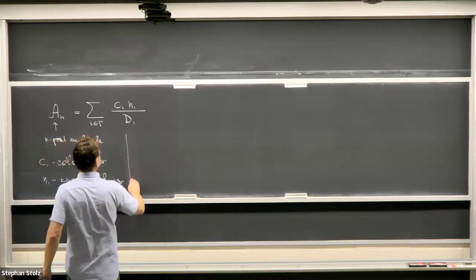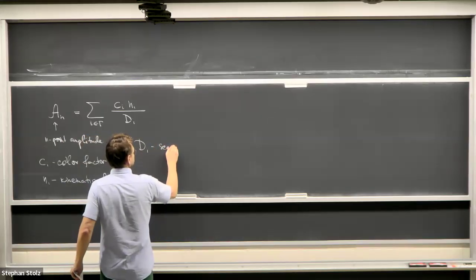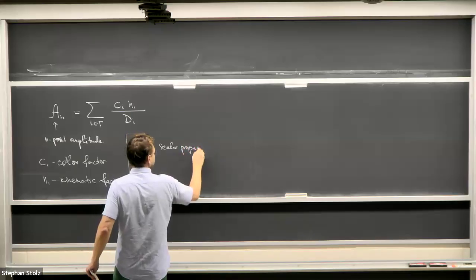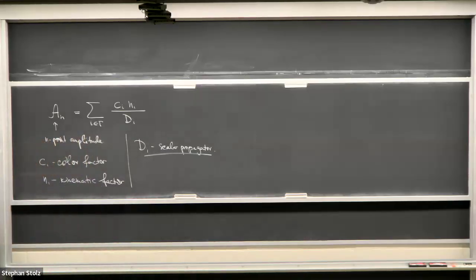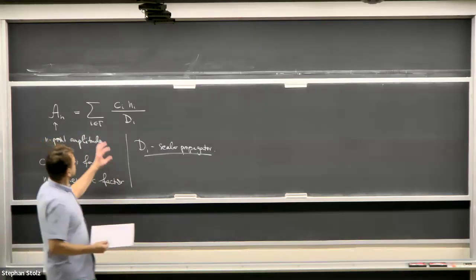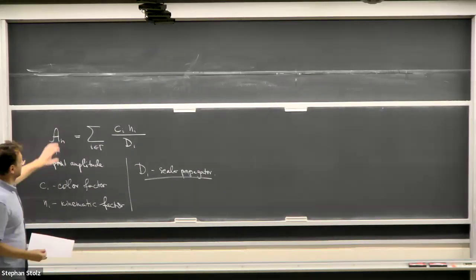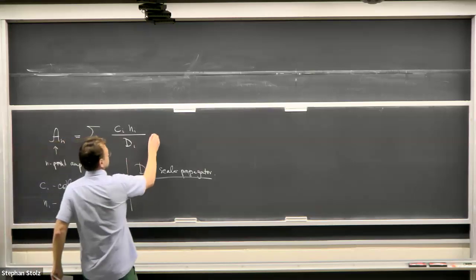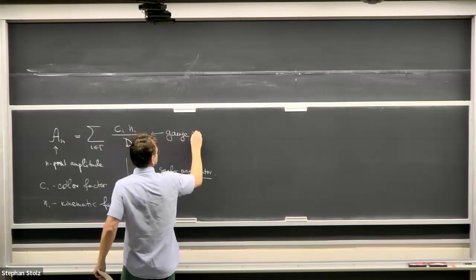And then Di typically is what's called a scalar propagator. And what's important is that this object should be invariant. This is what people in physics call a gauge invariant object.